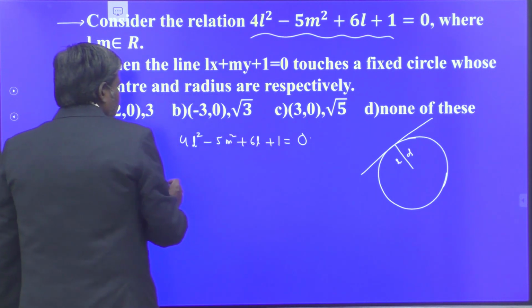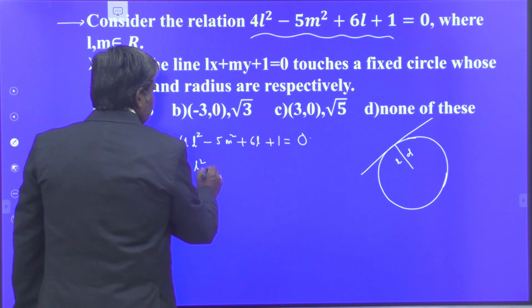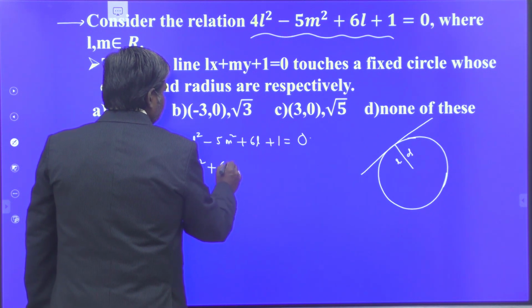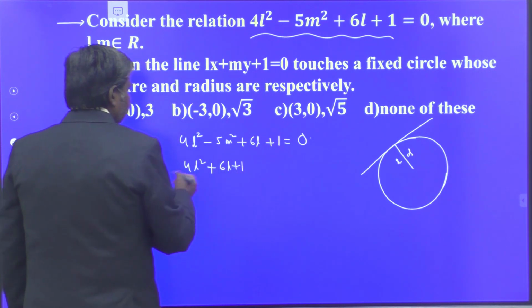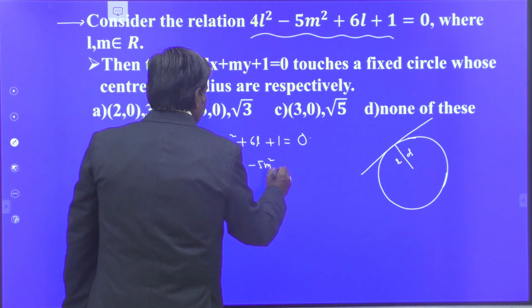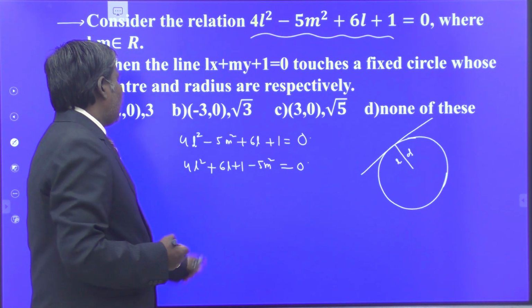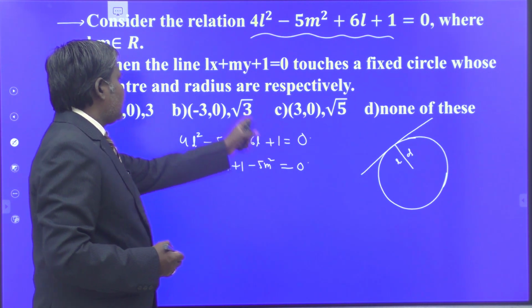See here, this is 4l square plus 6l plus 1 minus 5m square, that is equal to 0. We have to make this as root of L square plus m square.